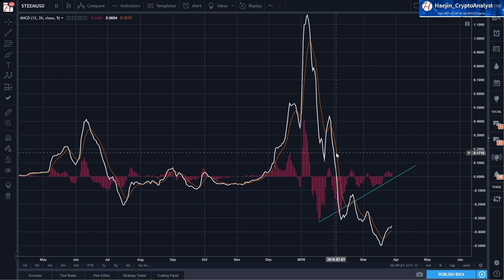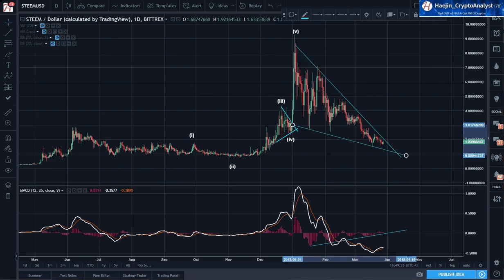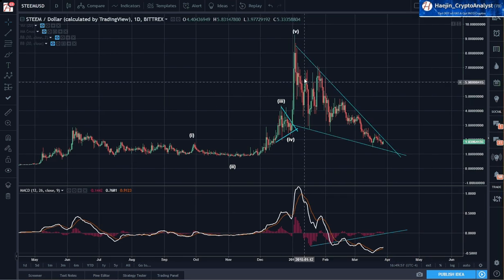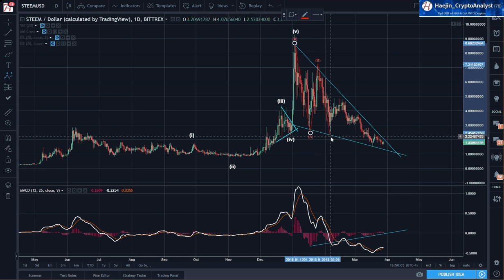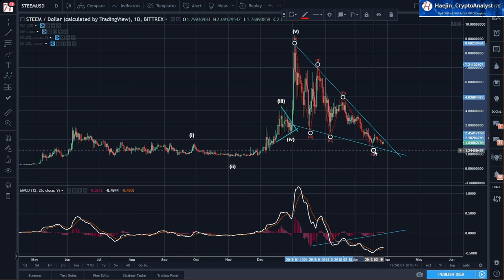Now, there is this pattern, which I just already drew out. And the best way to label this pattern probably for now would be A, B, C, D, and E. Yes, you can do it by W, X, Y, X, Z, whatever you like.